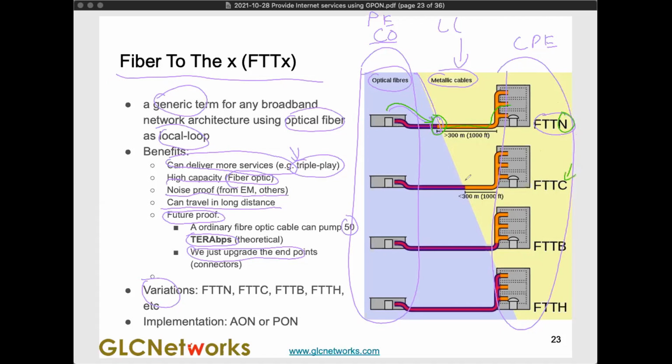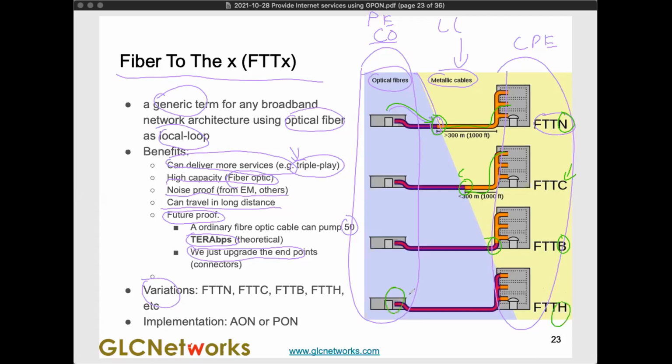FTTC here is fiber to cabinet. We have a cabinet here, and from the cabinet we have copper wire to the customer. Then we have FTTB, to the building. From the building it is fiber optic, but from the building to the rooms or apartment units we are still using copper wires like Ethernet cable or other technologies. The last one here is fiber to the home.